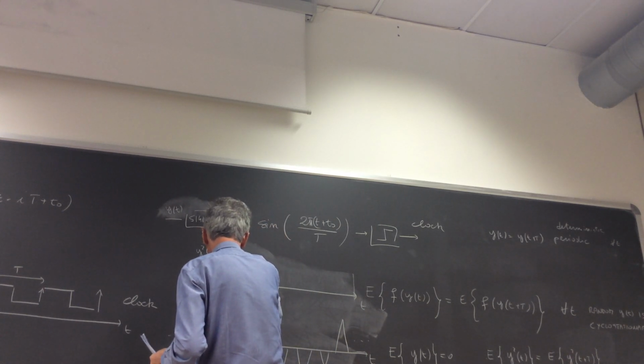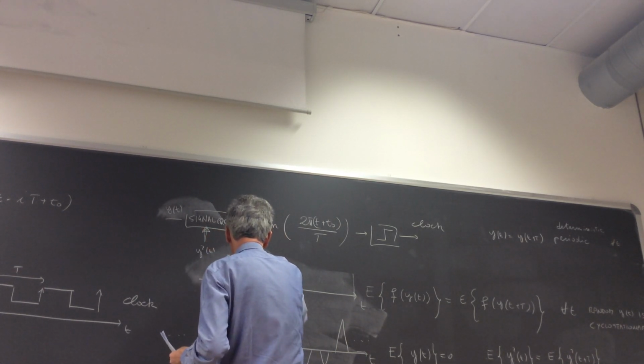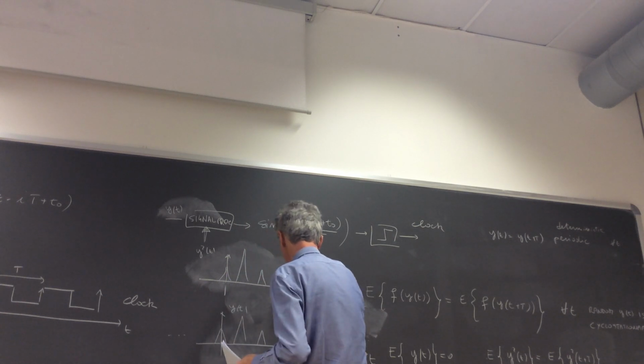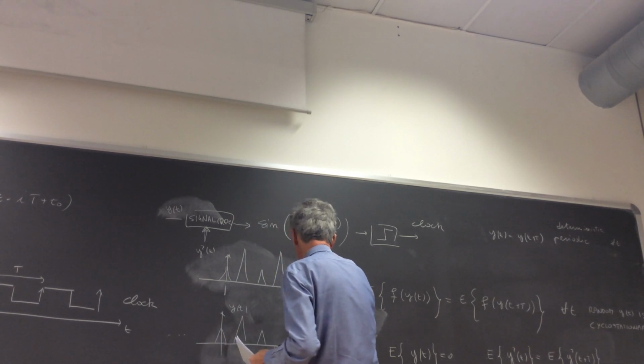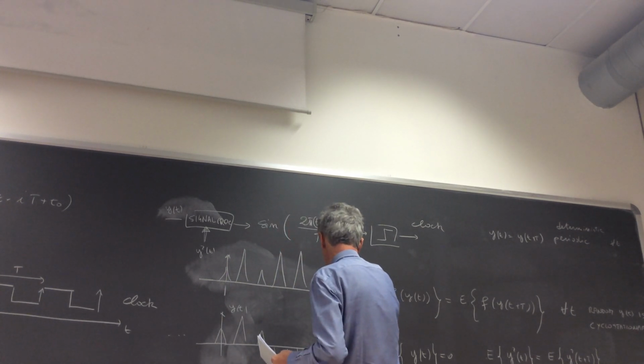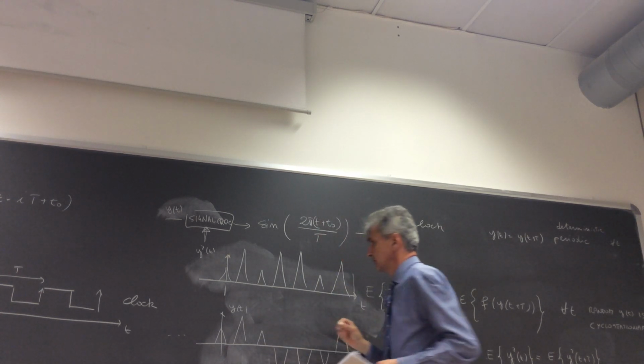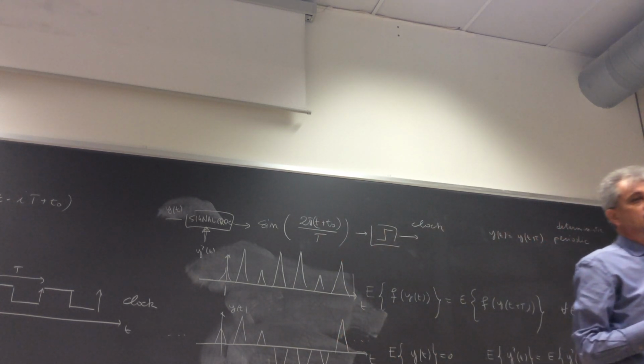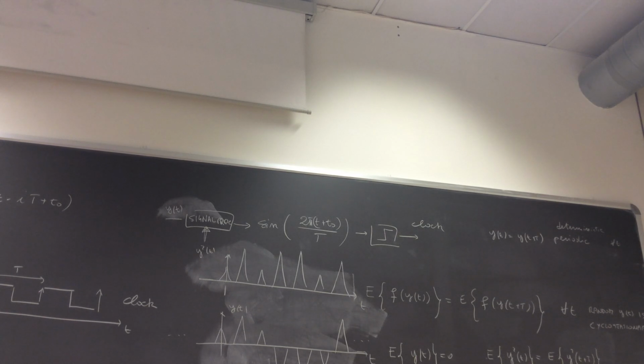It will show some randomness in the amplitude. Okay? This is no more a deterministic signal. It has some randomness. That is, it is a mix of deterministic and random signal.